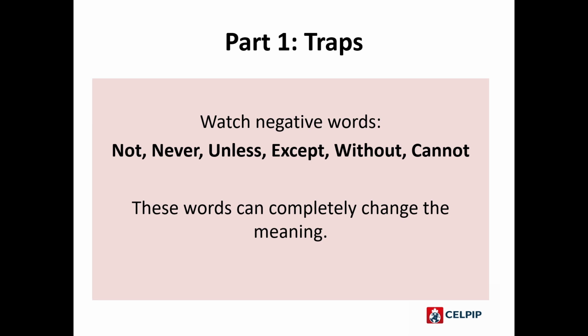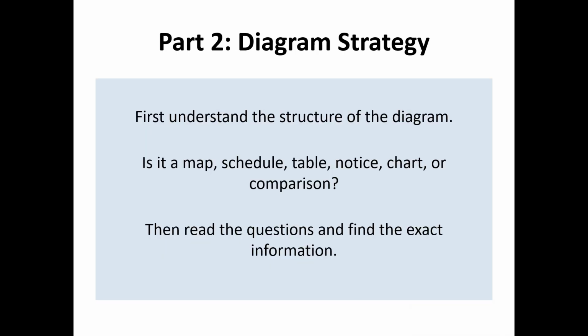In part 2, you usually work with a diagram, map, schedule, table, chart, notice, or advertisement. The first step is not to memorize everything. The first step is to understand the structure, before reading the whole article and answering.